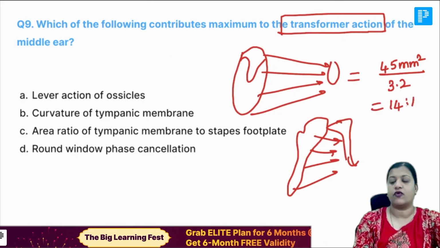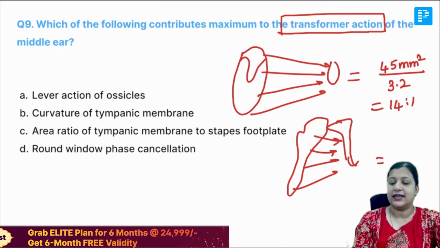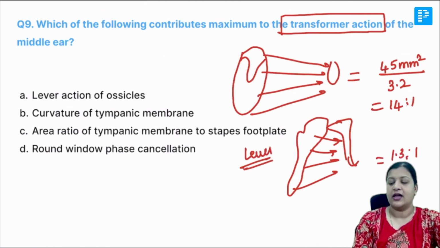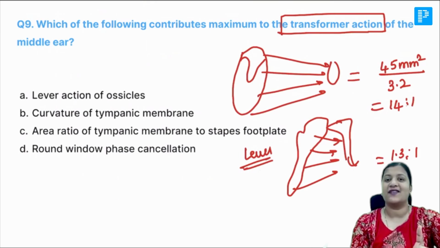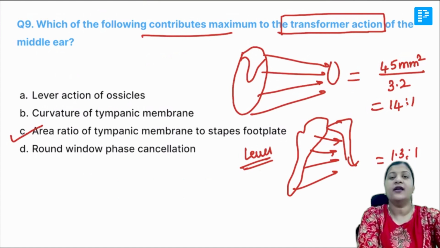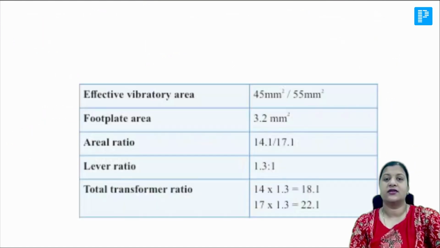So the ratio is 14:1. Whereas the lever ratio between the malleus and incus is 1.3:1. So if I ask you which of the two gives the maximum transformer ratio, it is going to be the area ratio. Okay. I hope this is clearly understood by all of you.